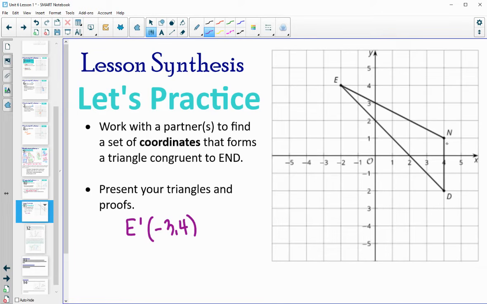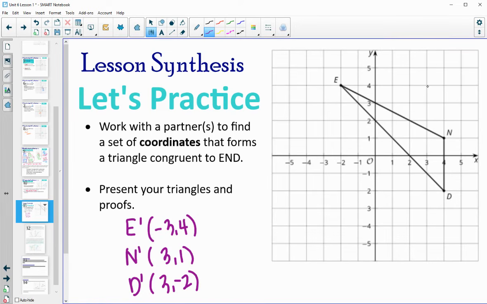So I'd need to do that with these other ones. So N is 4, 1, so then N prime would be 3, 1. And then D is 4, -2, so to the left would be 3, -2. So that would be one that would be fine. We know rigid motions preserve congruent shapes.